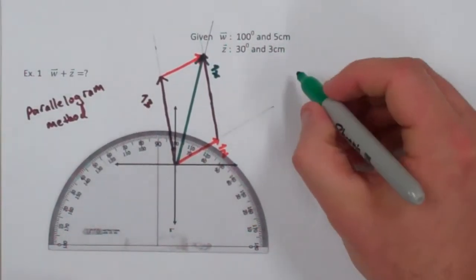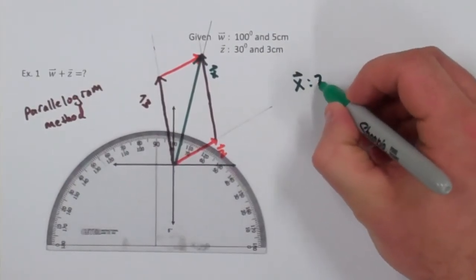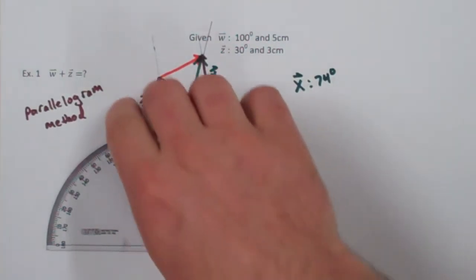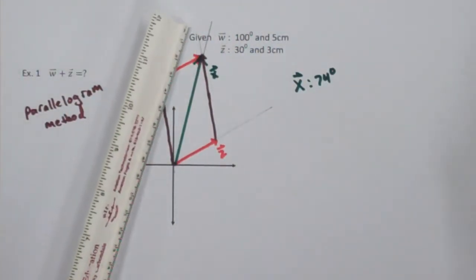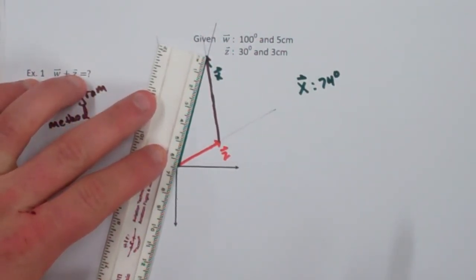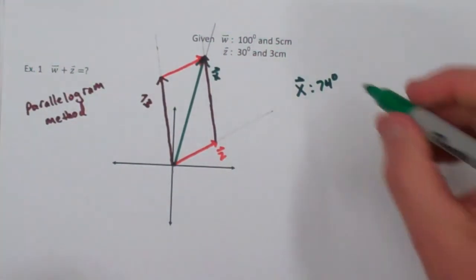So our resultant vector here is 74 degrees. And then for the length, we'll get our ruler out again, and if you're using centimeters, you'd want to use those as well. It looks like we've got about 6.5 centimeters there.